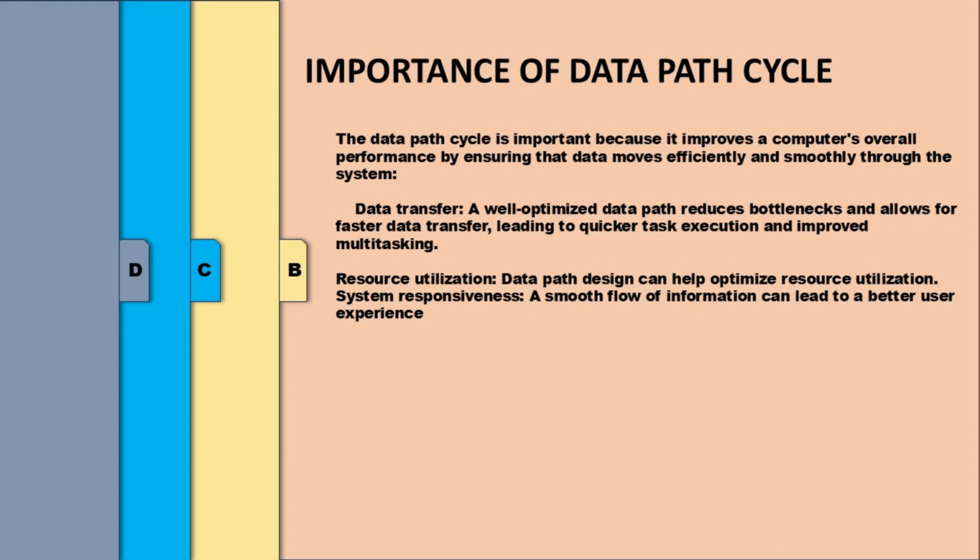A well-optimized data path reduces bottlenecks and allows for faster data transfer, leading to quicker task execution and improved multitasking. 2. Resource utilization. Data path design can help optimize resource utilization. 3. System responsiveness. A smooth flow of information can lead to the better user experience.